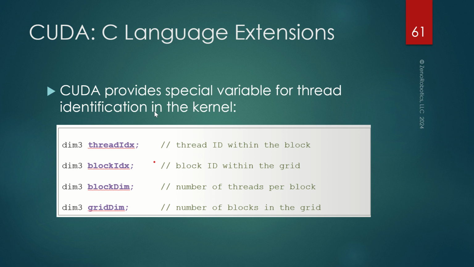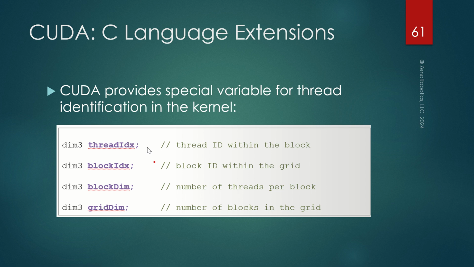So the other extension is the thread. So this thread ID, this block ID, and they end in X, but you would put a .x to get the X dimension, a Y for the Y dimension, and Z for the Z dimension if it has all three dimensions.